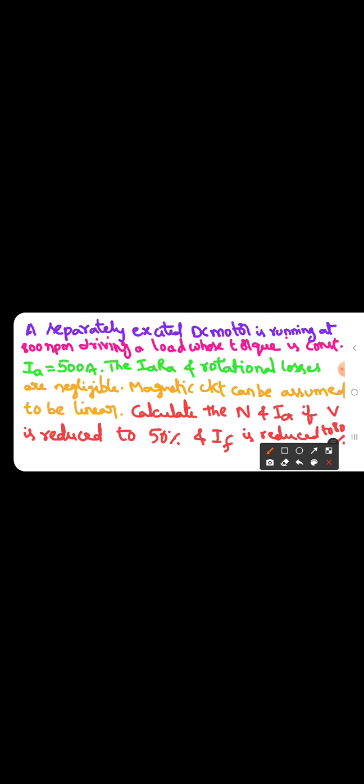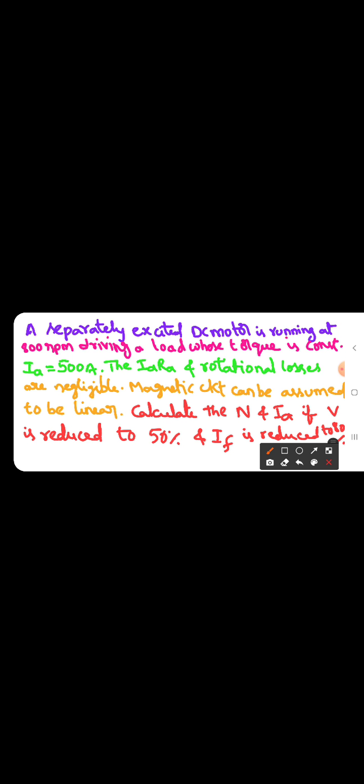Why take the flux? Because it is a separately excited motor, field current is directly proportional to flux.